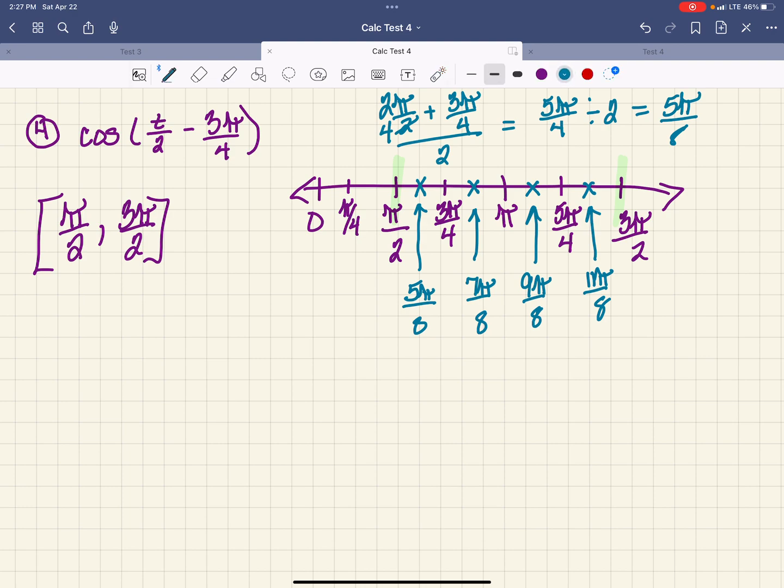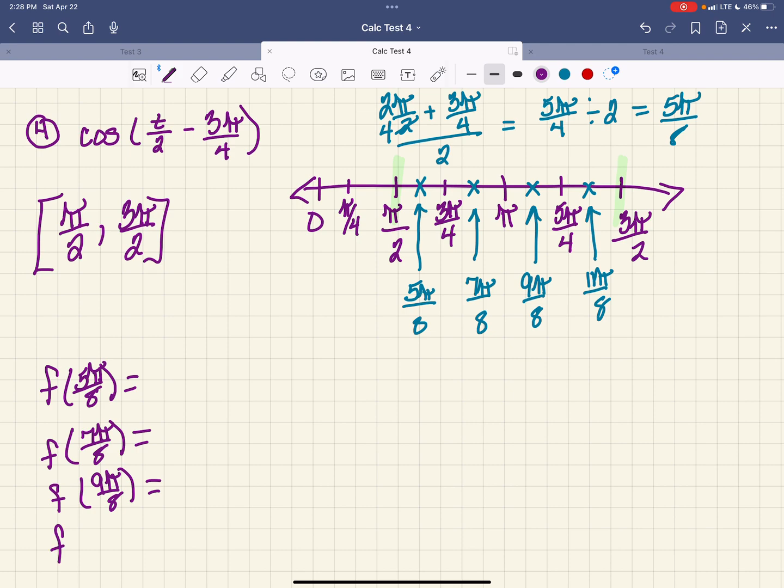So what we're doing is finding the value of f of 5 pi over 8, then f of 7 pi over 8, f of 9 pi over 8, and then f of 11 pi over 8.